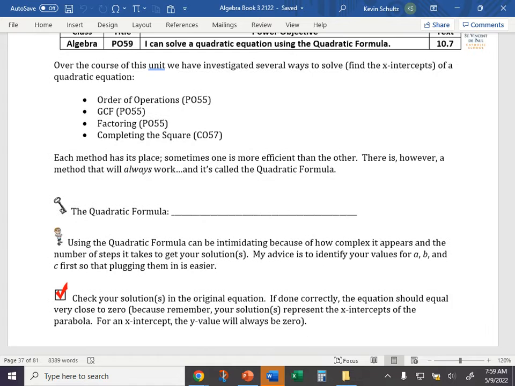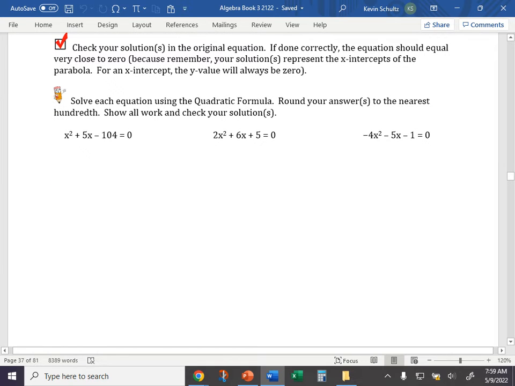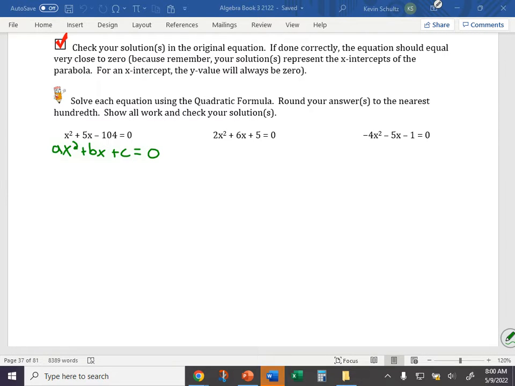Just like any other formula that we've covered, the a, b, and c all come from the equation you have. So again, it's important to remember that these equations are in ax squared plus bx plus c equals 0 form. Okay? And I recommend, especially when you start, write down what your a, your b, and your c values are.